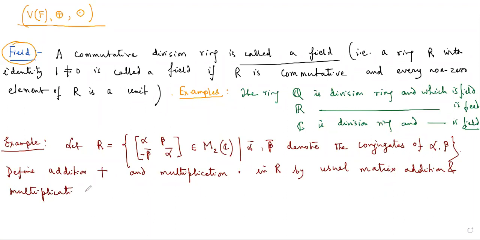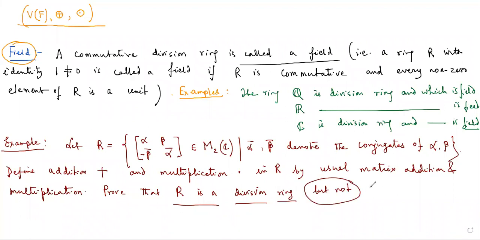Our objective is to prove that R is a division ring, but not a field.